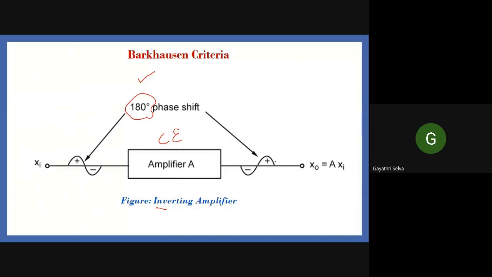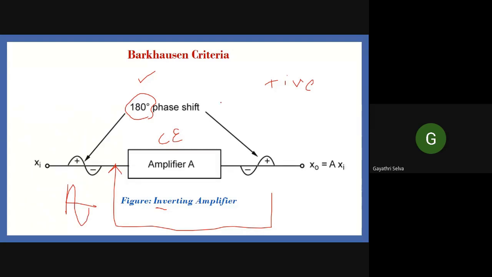But I want to employ only positive feedback here. For an amplifier to work as an oscillator, it should definitely impart positive feedback. Positive feedback means the feedback signal and the already existing input signal should remain in phase with each other.